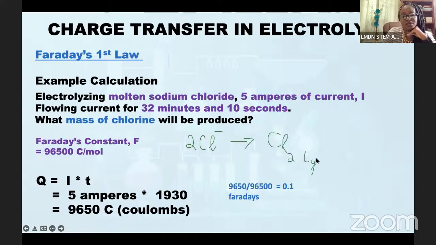This is actually what they want us to find, the mass of this. How much of this is going to get produced given these specific parameters, right? Are we all happy with this half equation?